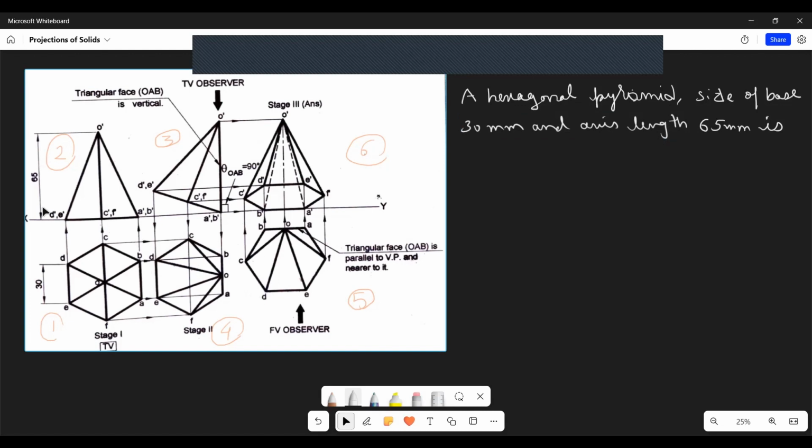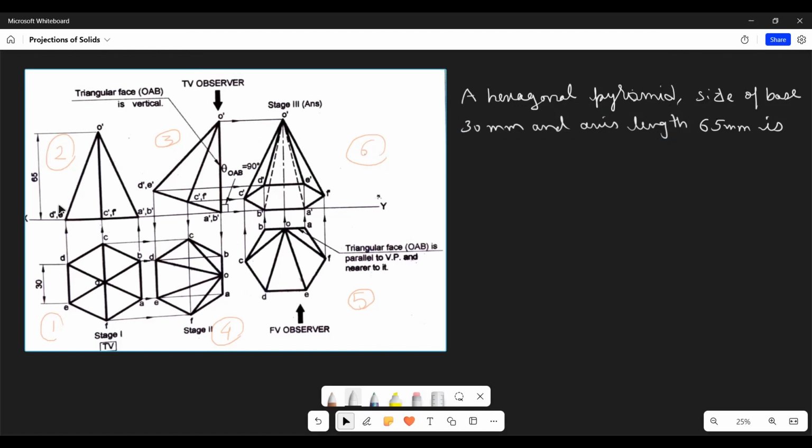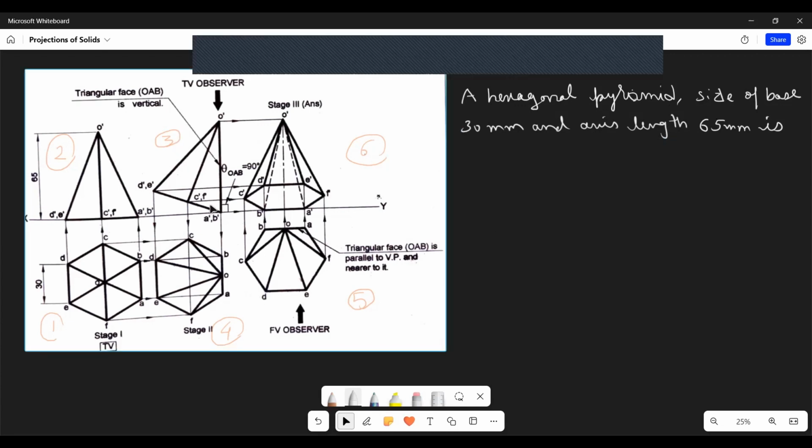For continuing to form the question, we have to see the stage 2. And stage 2, number 3 view shows that A dash B dash is touching the XY line. It means that A dash B dash means 2 points, and 2 points form an edge. It means that edge is touching the XY line. So when we write it in the question, we can write it like this.